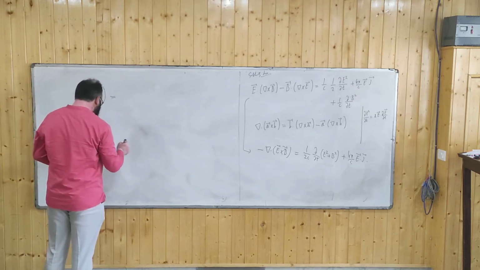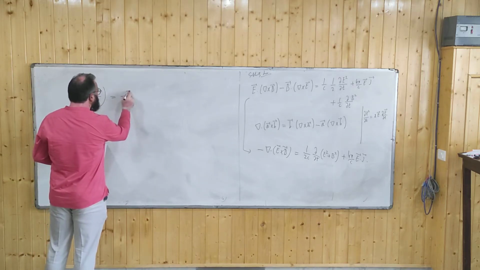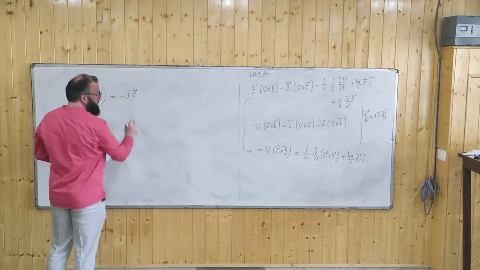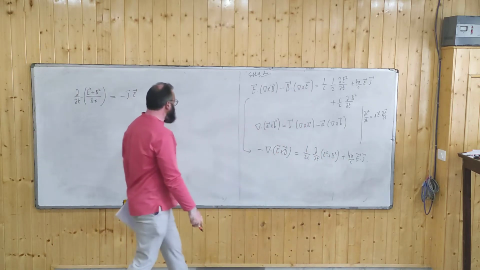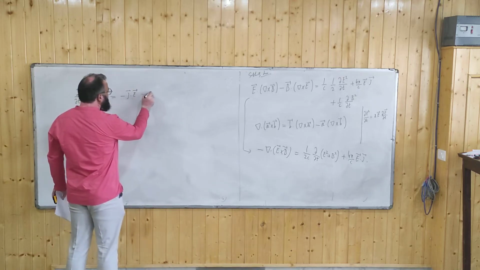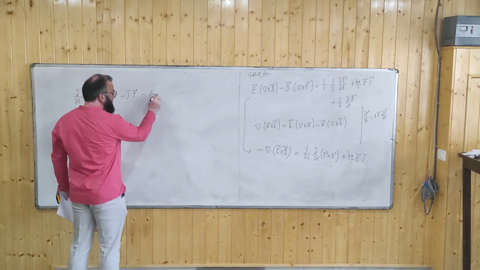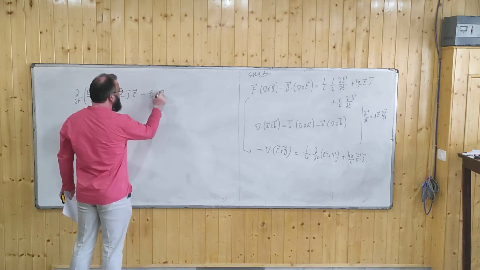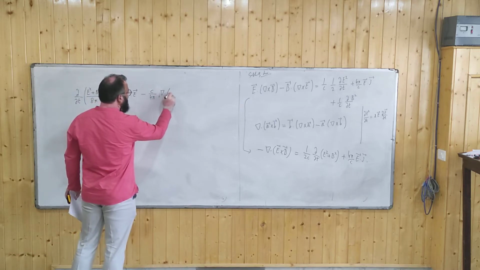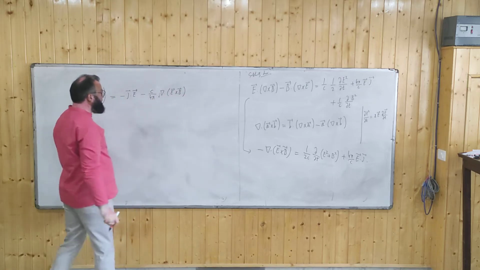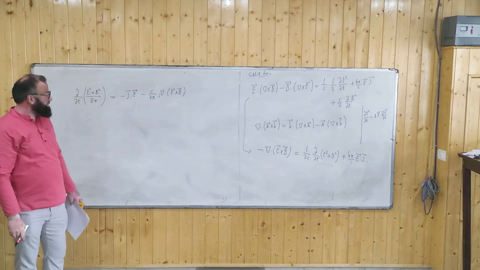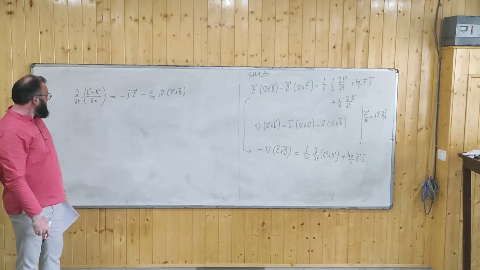It will be something minus j dot E. So then I will take c divided by 4 pi, so minus c by 4 pi, then del dot E cross B. Okay, so this is our final equation.